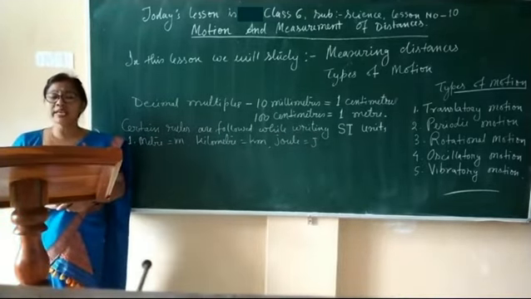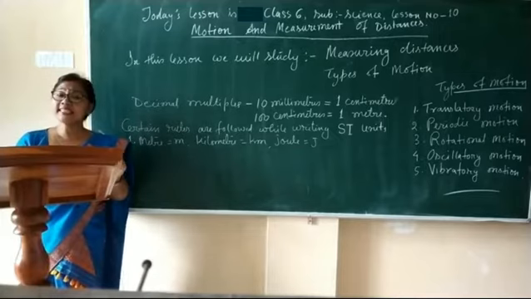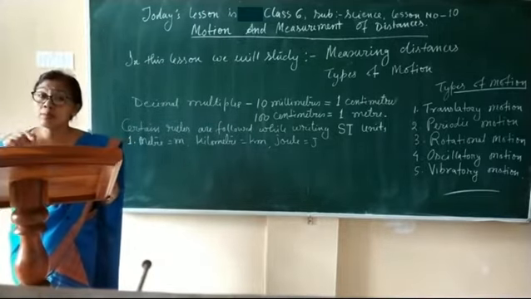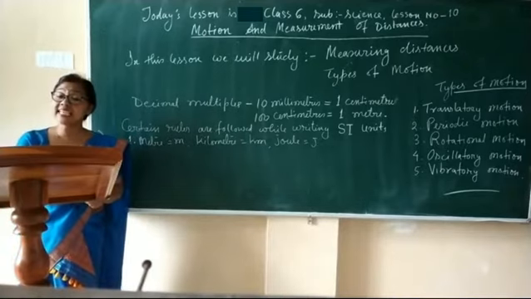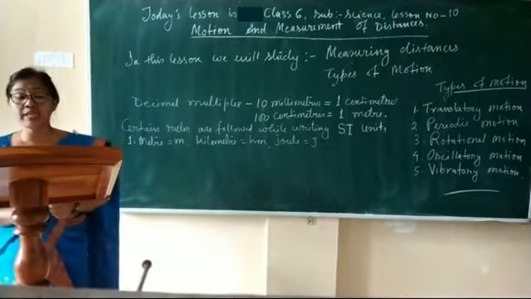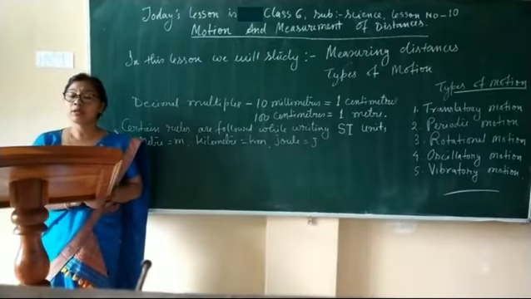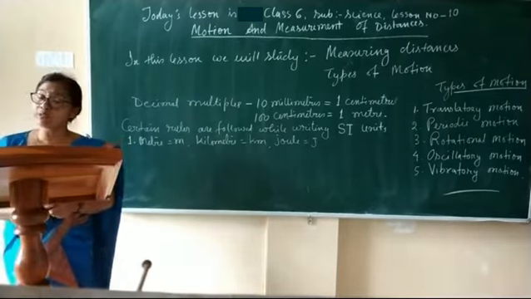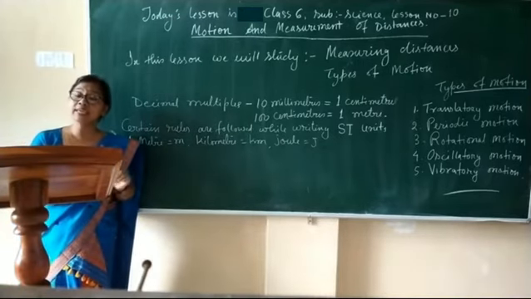When an object changes its position with time, it is said to be in motion. When there is no change in the position of an object, it is said to be at rest.